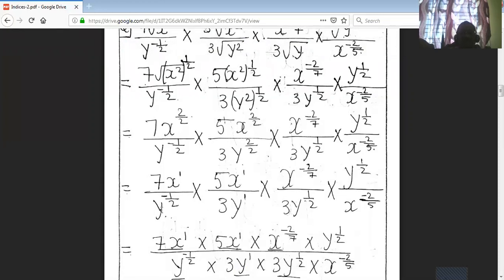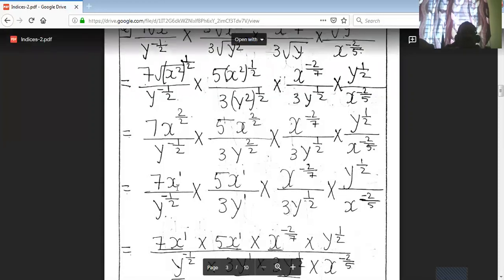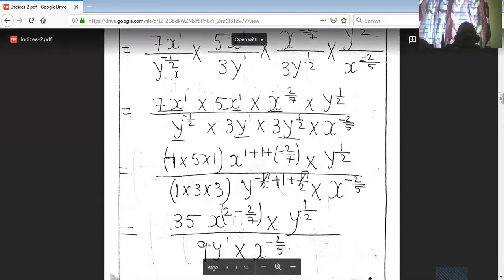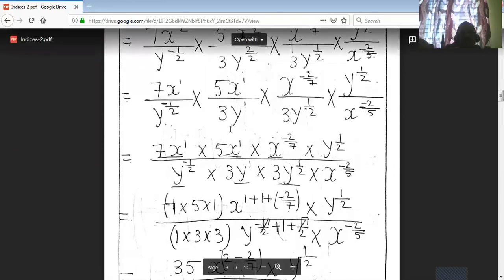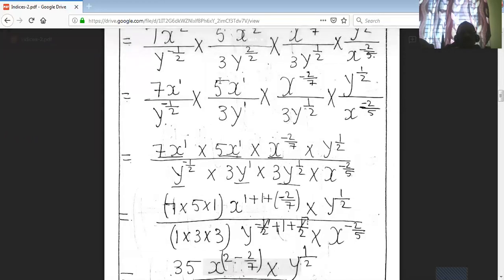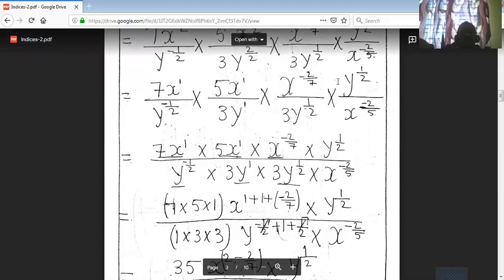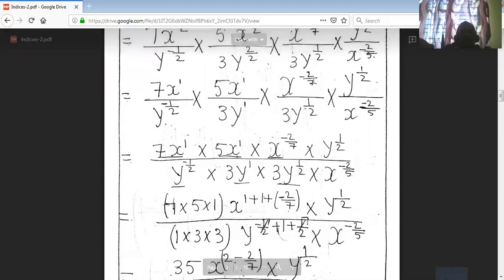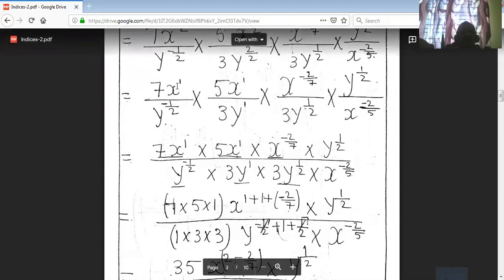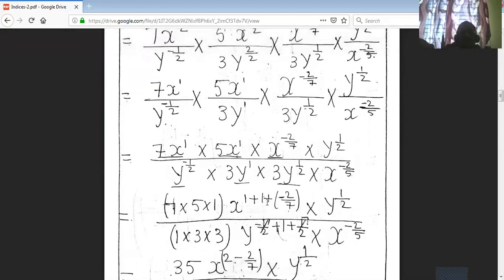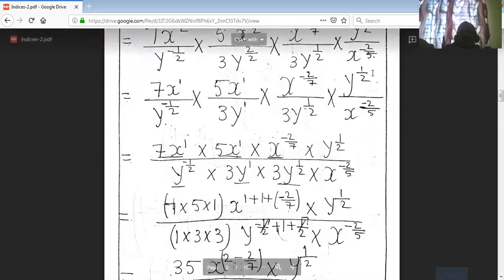No change in that. Now if I multiply the constants, this becomes 7 into 5, that is 35. And now if you take all x powers together, x to the power of 1 and x to the power of 1, and here we have one more x to the power of minus 2 by 7. This becomes x to the power of 1 plus 1 plus minus 2 by 7, and this y to the power of 1 by 2 is retained as it is.